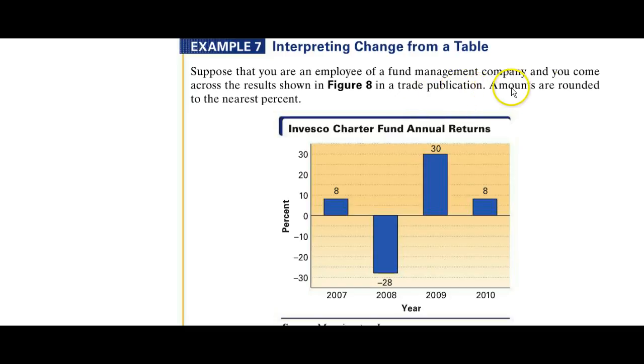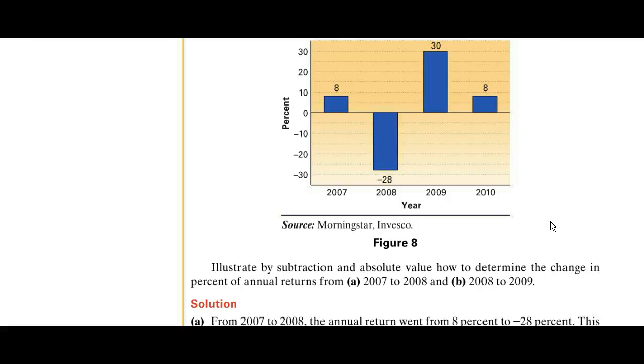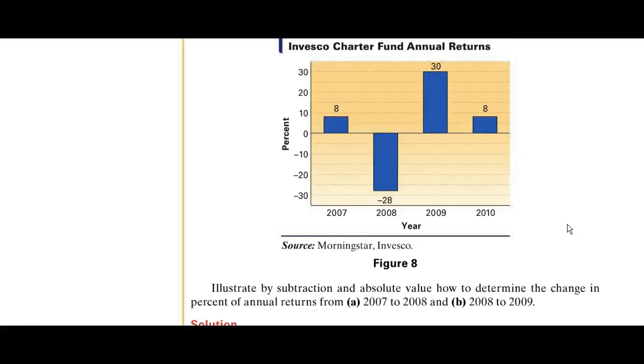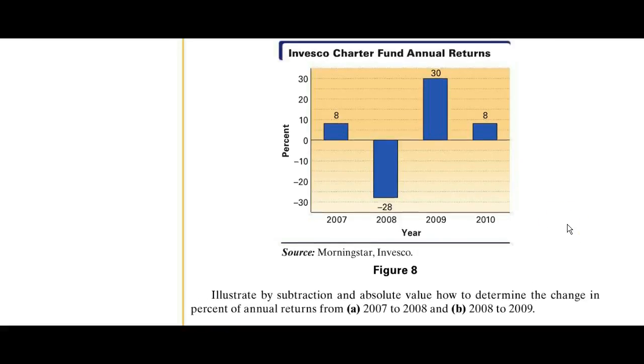The amounts are rounded to the nearest percent. Okay. Well, what are they asking us to do here? Illustrate by subtraction and absolute value how to determine the change in percent of annual returns from this year to this year, and then later from this year to this year.